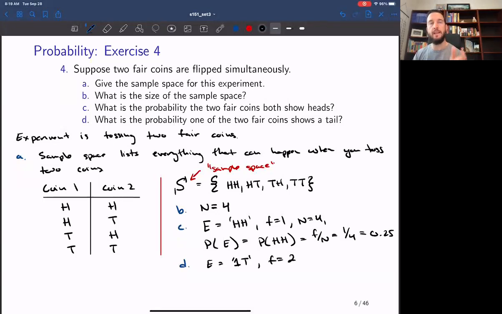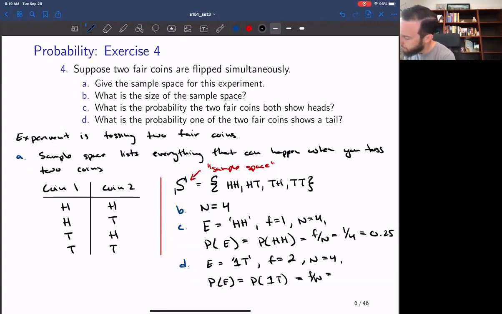We can either have head tail or we can have tail head from the sample space. So f is equal to 2, N is equal to 4, and then we would have the probability of E, the probability of observing 1 tail, is f over N, which is 2 over 4, which is 0.5.